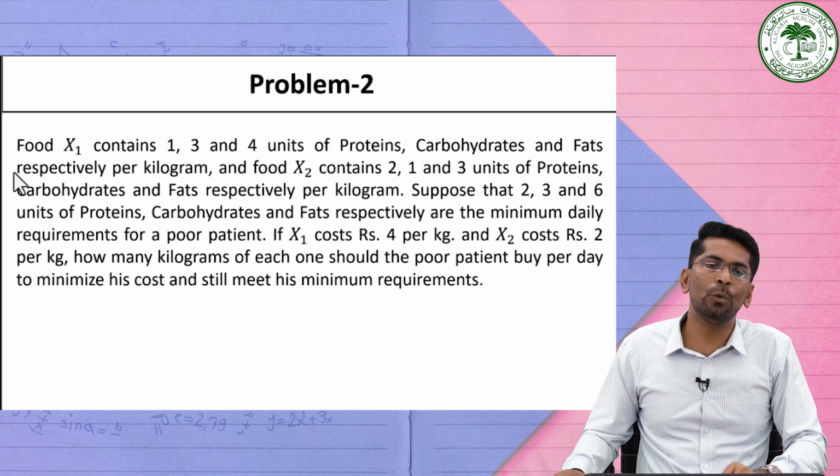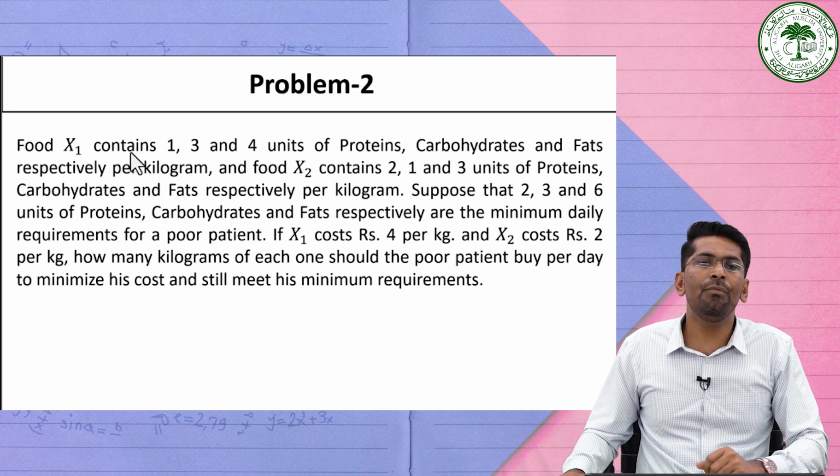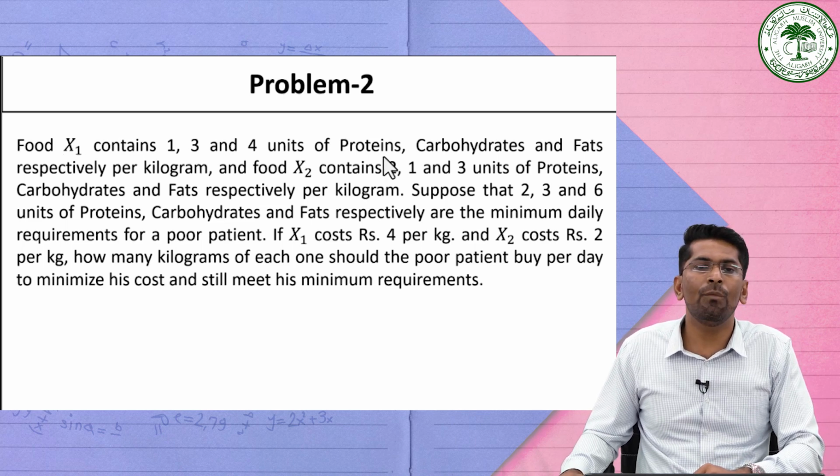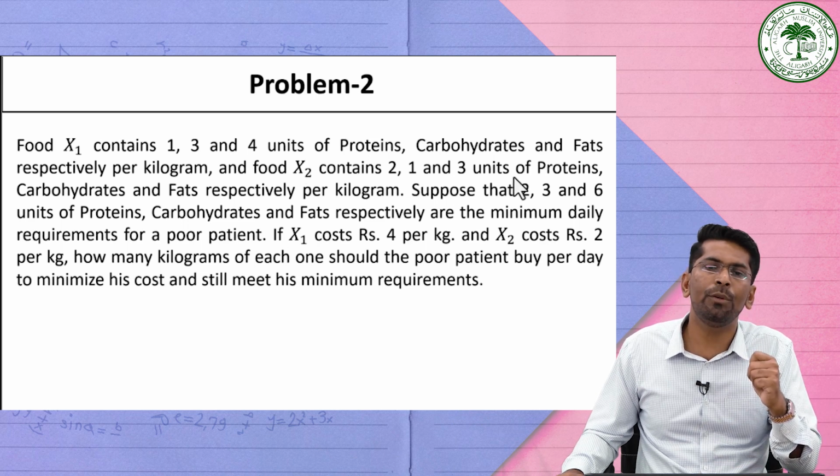So problem number 2. We have food X1 which contains 1, 3 and 4 units of protein, carbohydrate and fats respectively per kilogram. Similarly, food X2 contains 2, 1 and 3 units of protein, carbohydrate and fat respectively per kilogram.